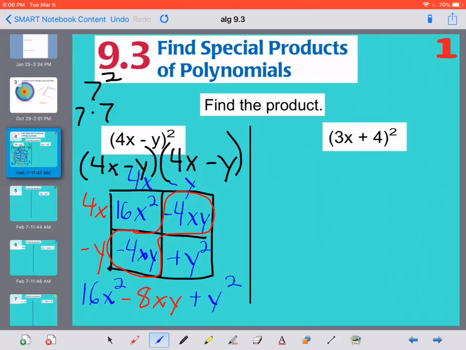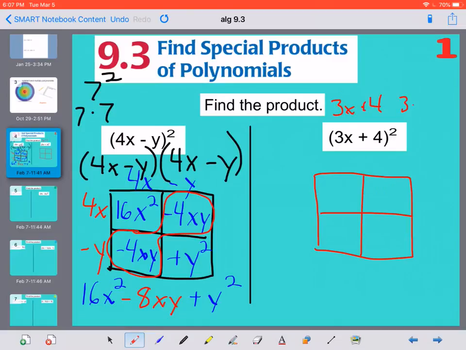Same thing over here. We're going to draw our box. This is telling us that we have two 3x plus 4s. So 3x plus 4 and 3x plus 4. 3x times 3x, well, 3 times 3 is 9.